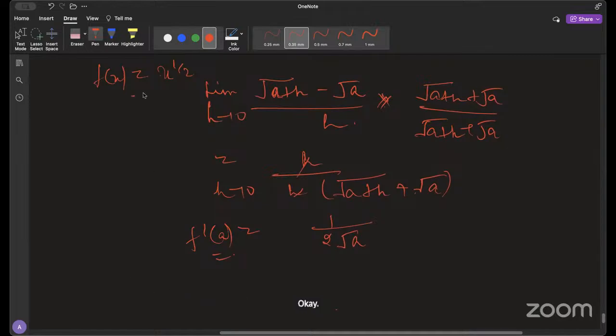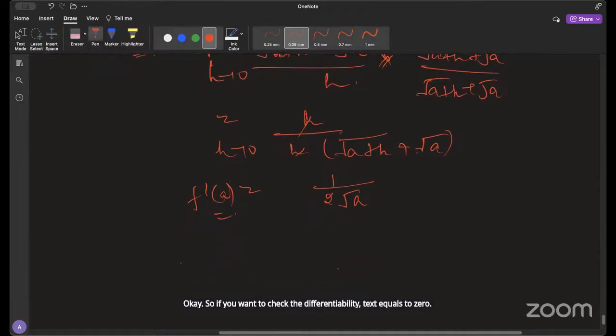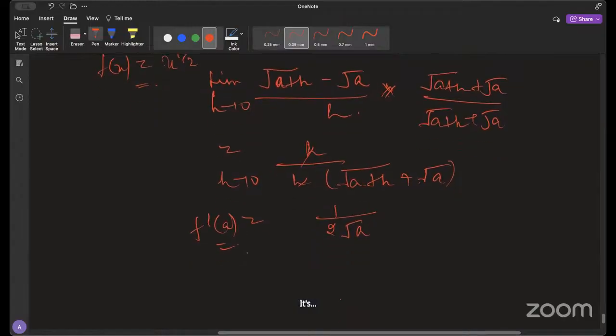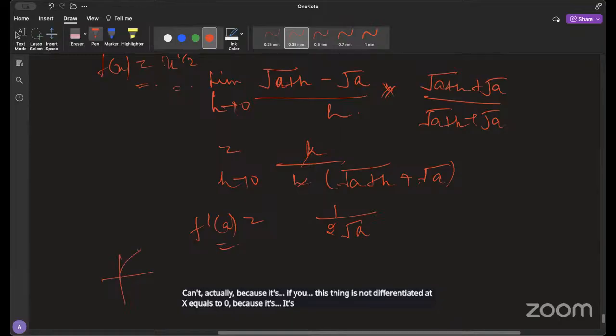So if you want to check the differentiability at x equals to 0, you can't actually, because this thing is not differentiable at x equals to 0. It's not even defined here.